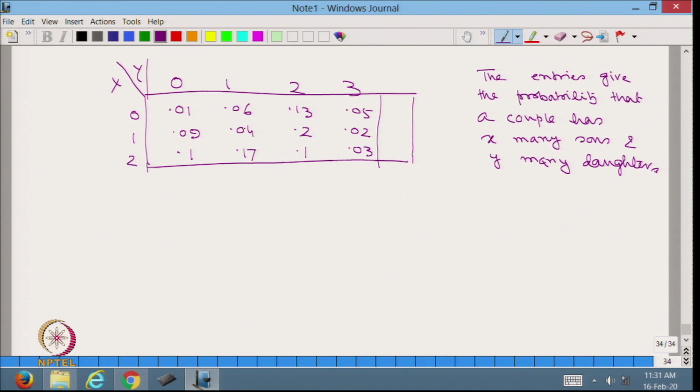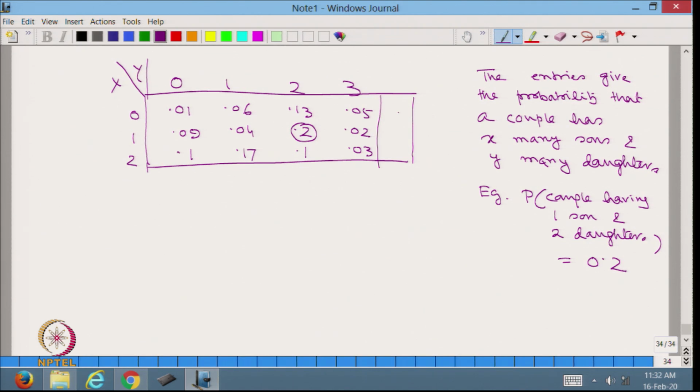For example, this entry is 0.2, therefore, the probability of a couple having one son and two daughters is equal to 0.2. Now, let us add the rows.